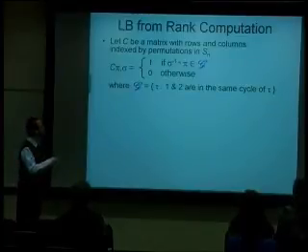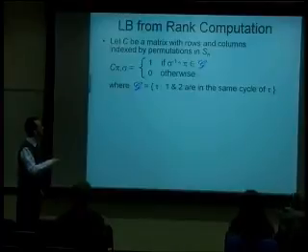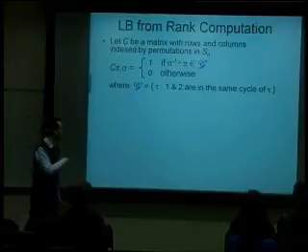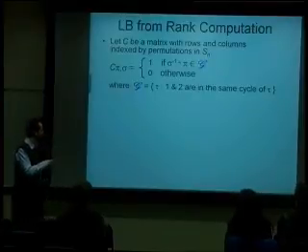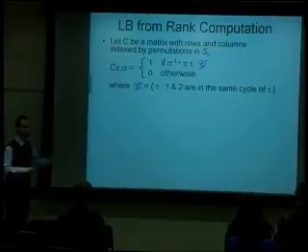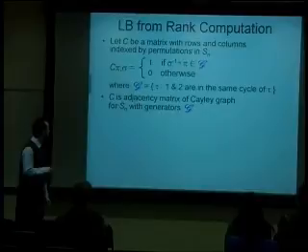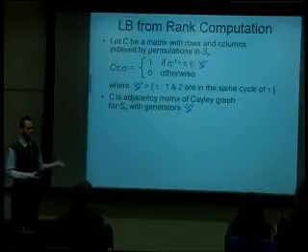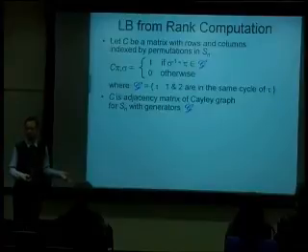So it's 1 if their composition is in this set G, where G is the family of all permutations that have 1 and 2 in the same cycle. G is something I'm going to use for the rest of the talk. If that definition is a bit of a mouthful, another way of stating it is that C is just the adjacency matrix of the Cayley graph of the symmetric group with generating set G.